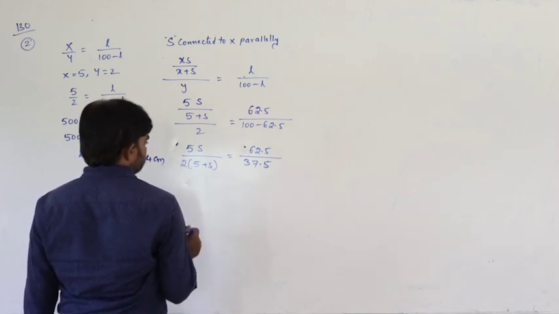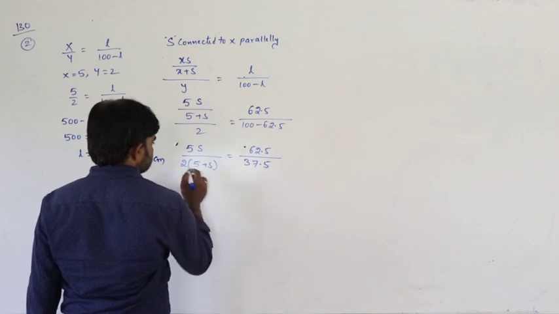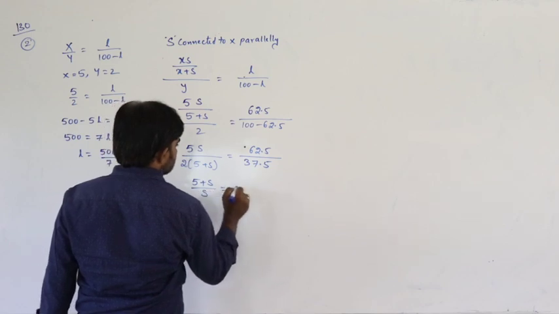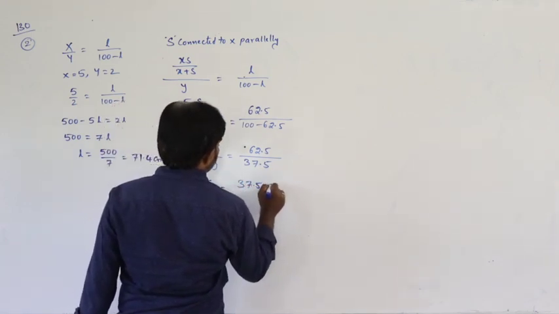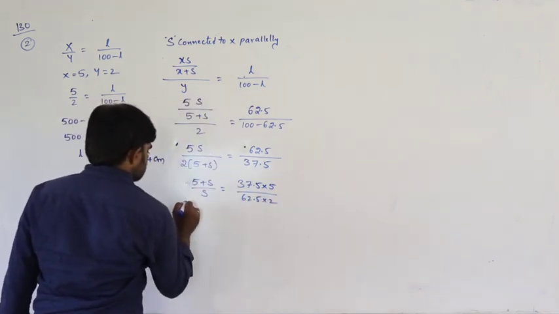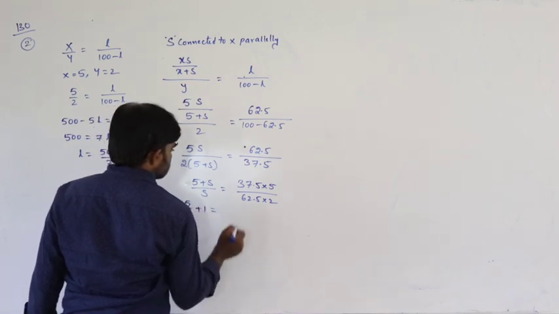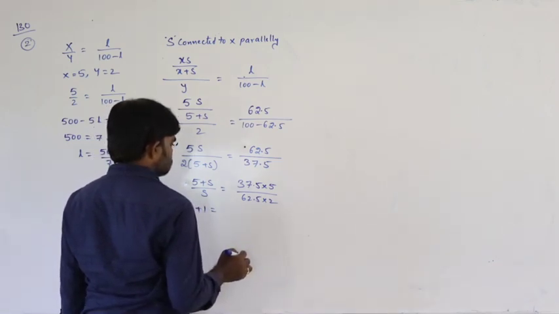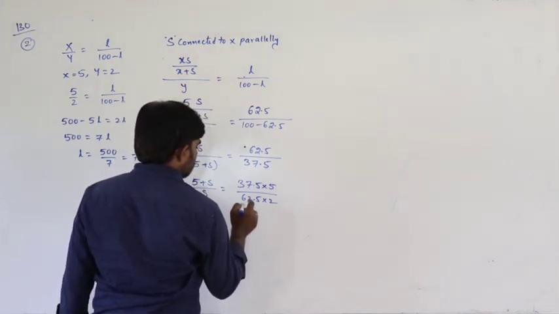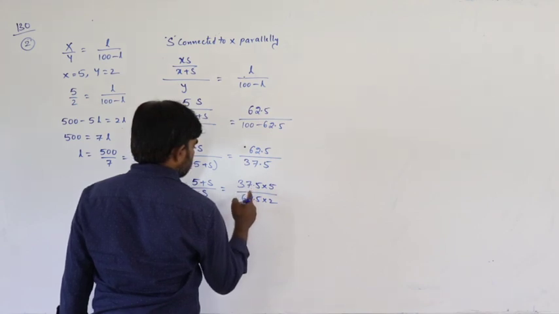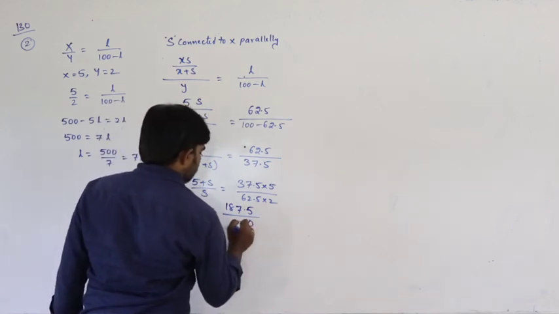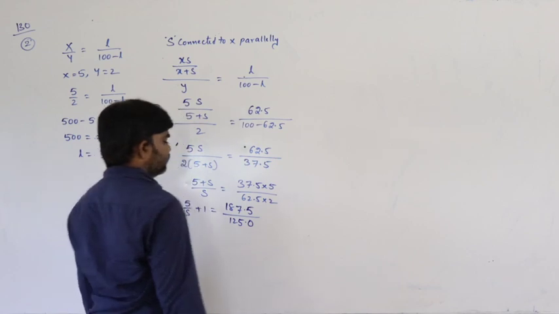So 5 plus S by S is equal to 37.5 into 5 divided by 62.5 into 2. So that is 5 by S plus 1 is equal to 187.5 divided by 125.